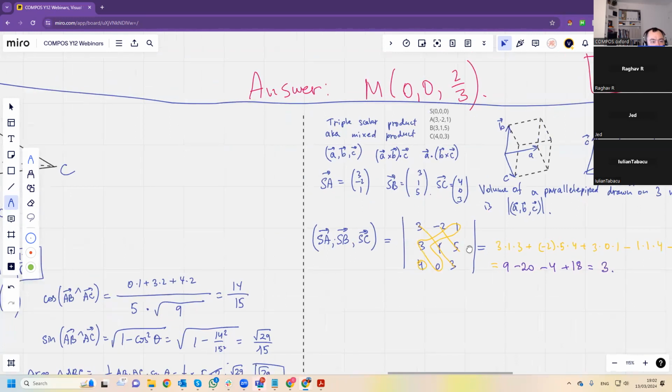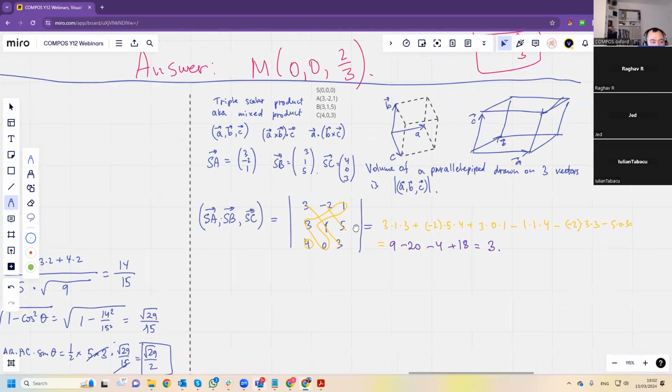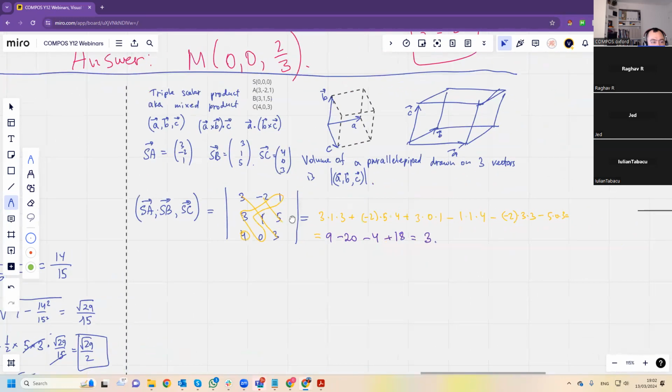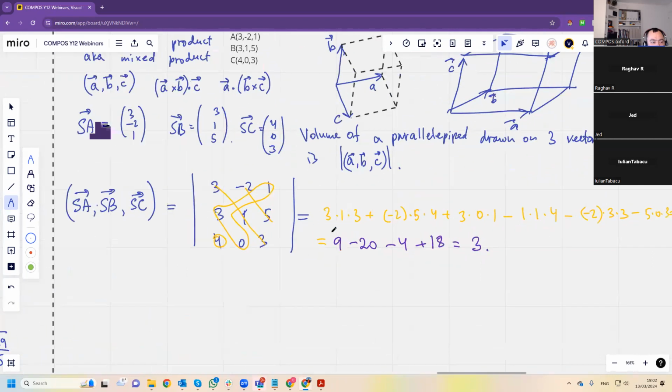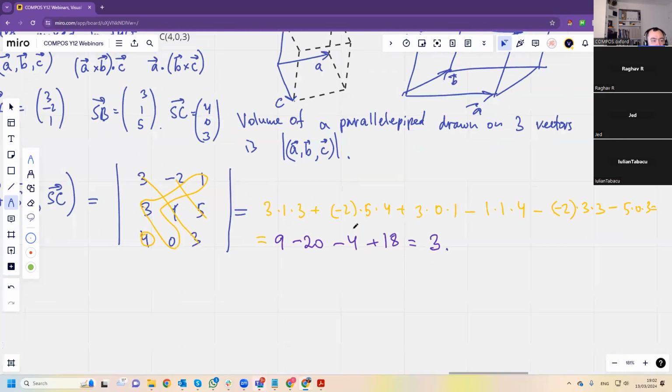(3, -2, 1), (3, 1, 5), (4, 0, 3). So that's 3 times 1 times 3, so that's 9. Then 40, of course. Minus 40. That's 2 times 5 times 4. That's 40. Minus 4.